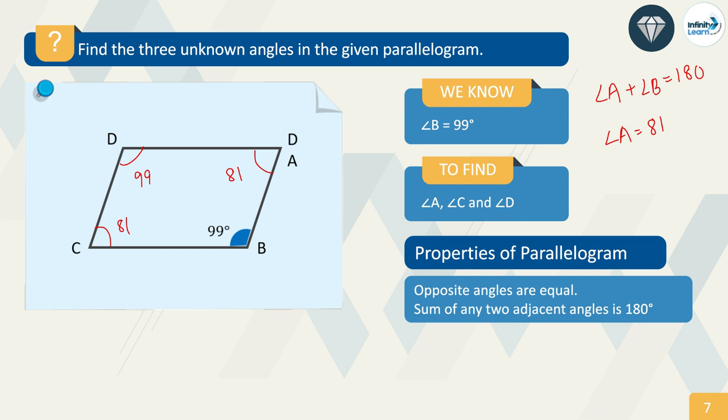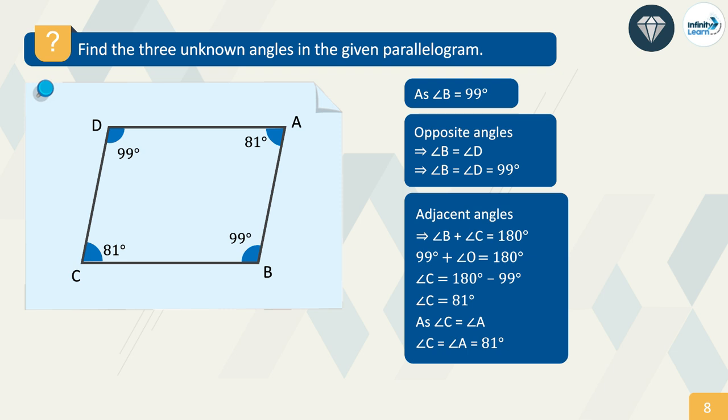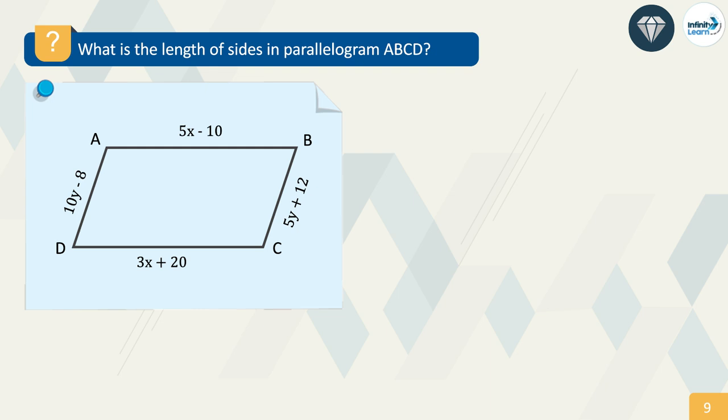Opposite angles are equal and the sum of any two adjacent angles is 180 degrees. Same thing है, वही चीज करी है इसने भी. Find the length of sides of the parallelogram. Opposite sides are of equal length. So 10y minus 8 equals 5y plus 12. 10y minus 5y is 5y, 12 plus 8 is 20.